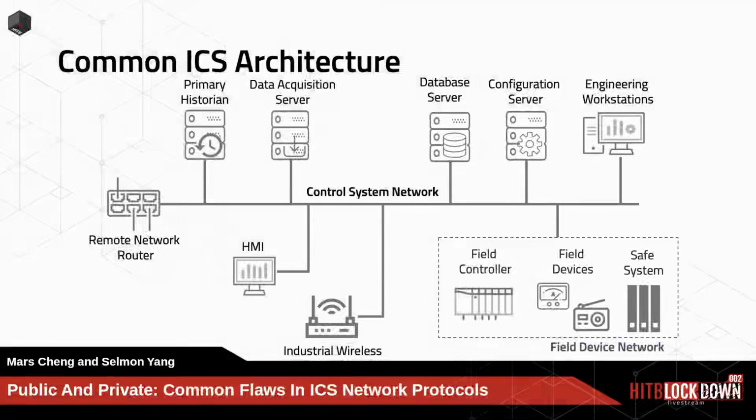However, in a common ICS architecture, there are many attack vectors, including web attacks, different kinds of server attacks, software attacks, physical attacks on field devices, as well as wireless attacks, including ZigBee, 4G, and some radio frequency. Of course, our focus today also includes ICS network protocol attacks.